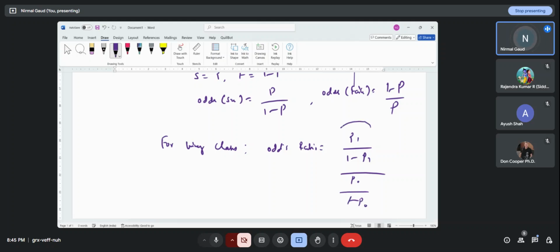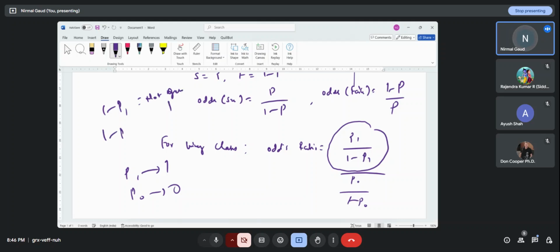That means P1 is the probability of getting 1, P0 is the probability of getting 0. 1 minus P1 is the probability of not getting 1, and 1 minus P0 is the probability of not getting 0.